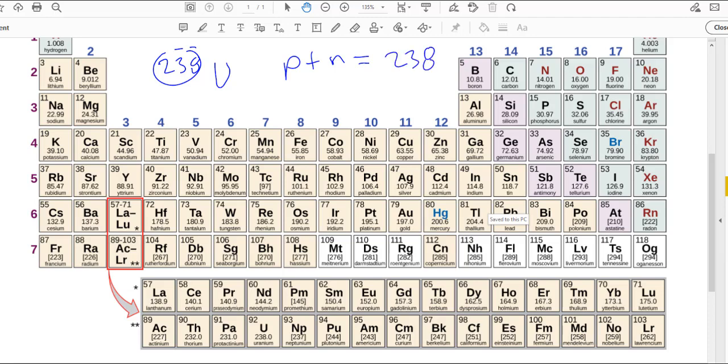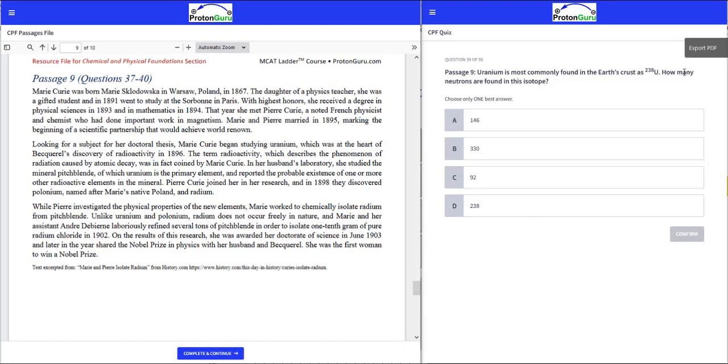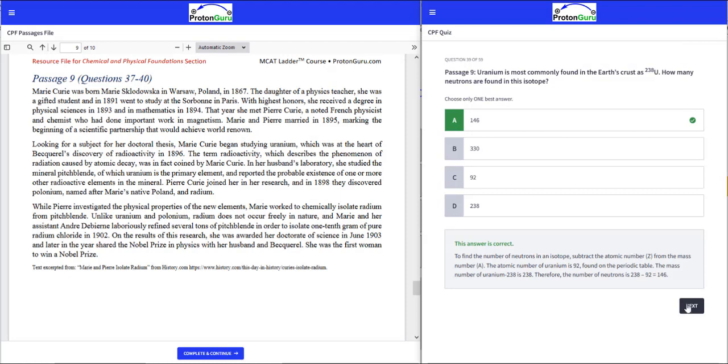And we see that uranium down here is number 92, which indicates there are 92 protons. So 238 is the sum of neutrons plus protons. If we do 238 minus 92, we see that we would get 146. As it turns out, that's one of the potential answer choices, and that's correct in this case.